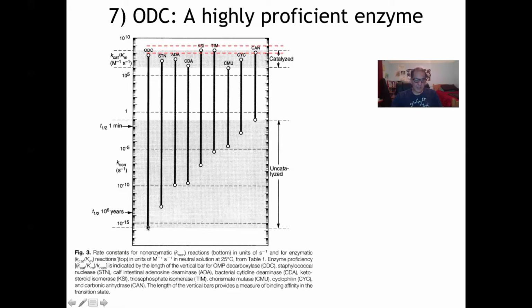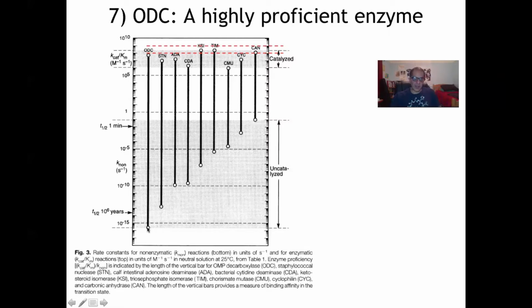And so that would mean that the half-time of this reaction is something like, I think it turns out to be 78 million years. So if you took a sample of OMP and just allowed it to spontaneously decarboxylate, you'd have to wait 78 million years for half of it to decarboxylate, right?